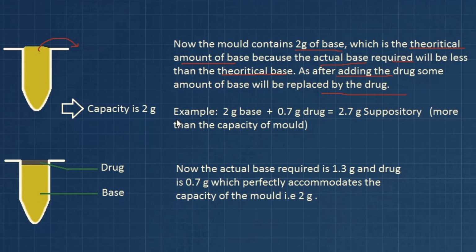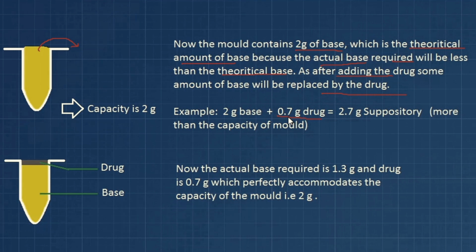Now let me give you an example with the help of which we will understand why the theoretical base is different from the actual base. So here is the example. At first we calculated that this mold contains 2 gram of base. So this is our theoretical base. But when we add 0.5 gram of drug, or any amount you want, 0.5 or 0.7, here I have taken 0.7 gram of drug.